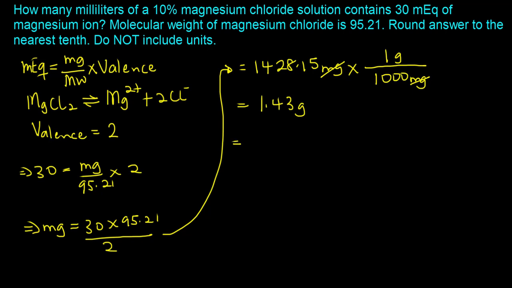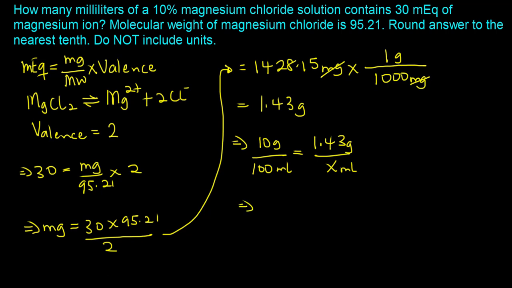So now we know the quantity in grams, but ultimately we need the volume in milliliters. And so we're going to make use of the percentage concentration, which is the 10%, and that implies that you have 10 grams of magnesium chloride in every 100 milliliters. And what we have is 1.43 grams, and so we need to figure out how many milliliters that actually represents.